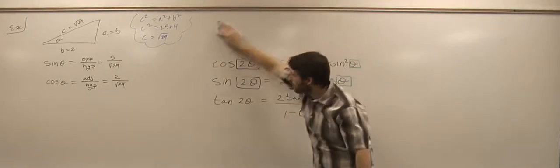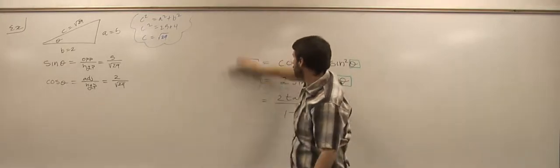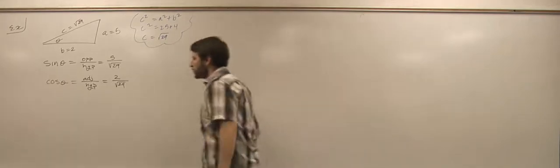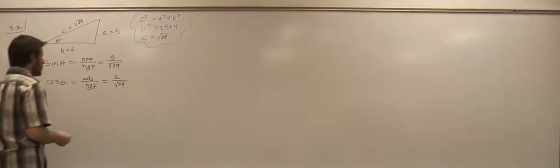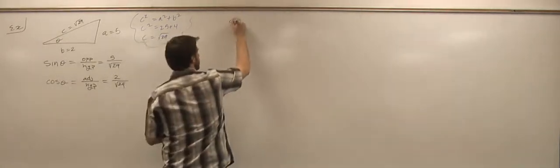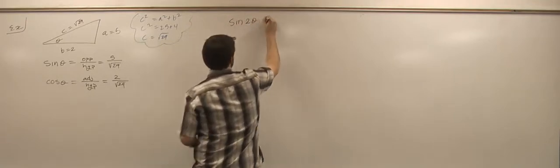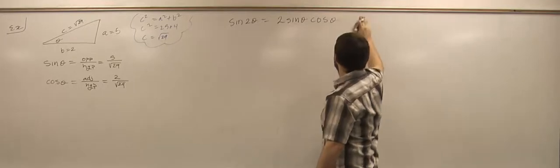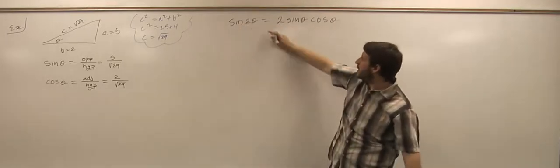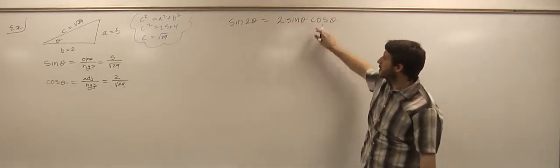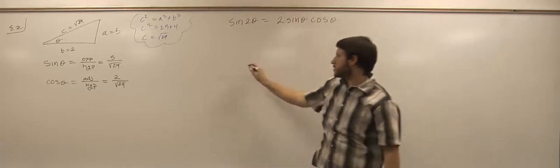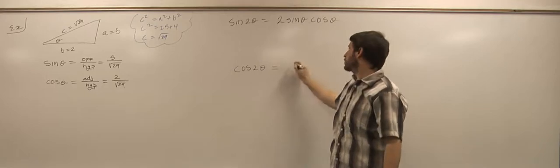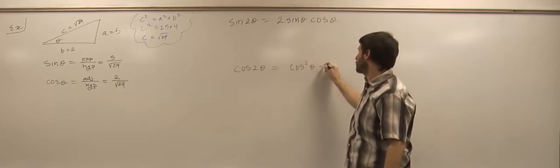So you could do sine of 2 theta equals sine theta plus theta, and cos of 2 theta equals cos theta plus theta. But let's go ahead and instead use the nice formula we just wrote out. If you want to know sine of 2 theta, you take 2 times sine theta cos theta. And if you want to know cos 2 theta, you take cos squared theta minus sine squared.